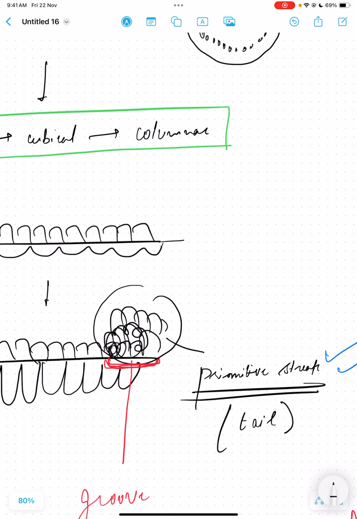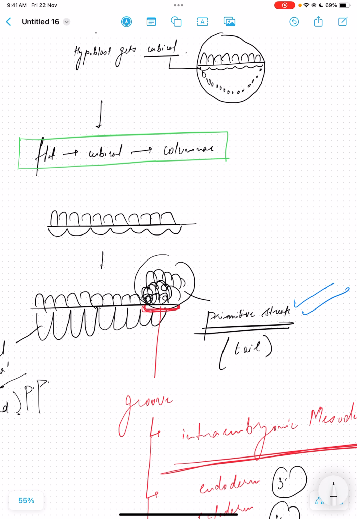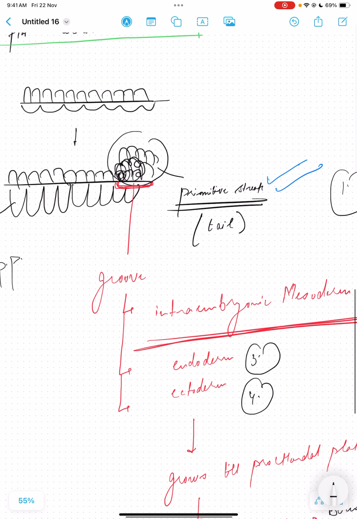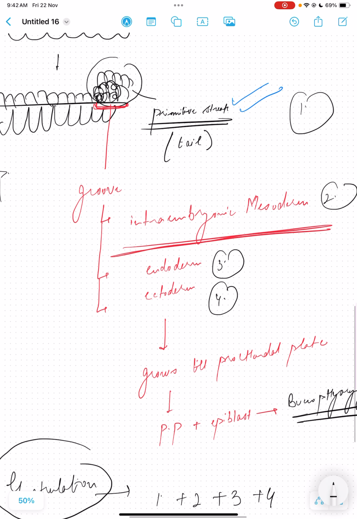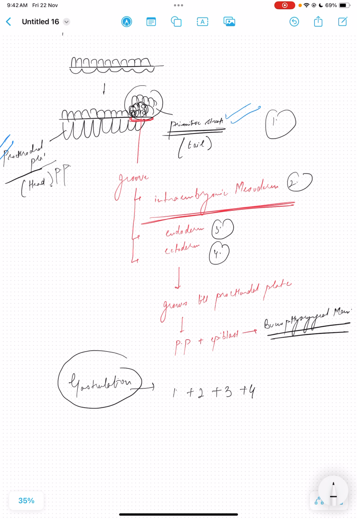The prochordal plate forms the head region, and the primitive streak forms the tail region. Its ingrowth between the epiblast and the hypoblast leads to the formation of intraembryonic mesoderm, ectoderm and endoderm. All of them grow till the prochordal plate, and afterwards the prochordal plate combines with epiblast to form the buccopharyngeal membrane. So gastrulation involves all of the four steps mentioned above.